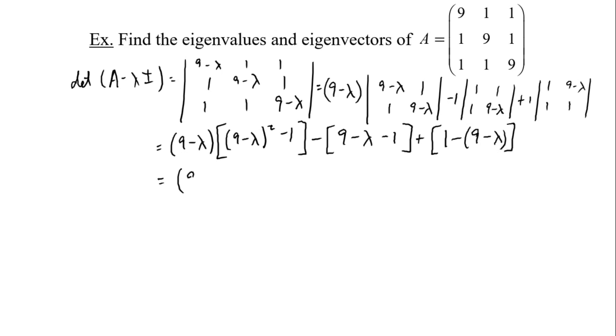Okay, so we get 9 minus lambda times, if I FOIL that out, lambda squared minus 18 lambda plus 81, but then minus 1 gives me just plus 80. And then the rest of this will be lambda minus 8 plus lambda minus 8. Cool.